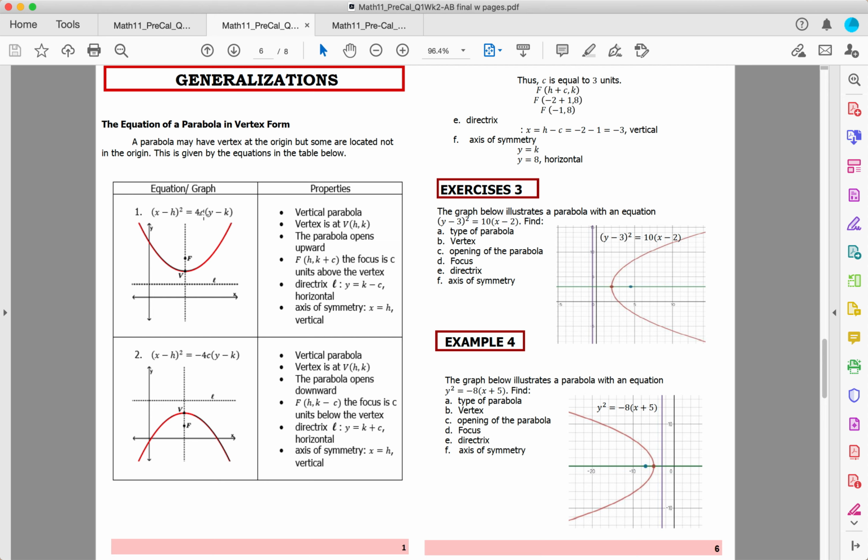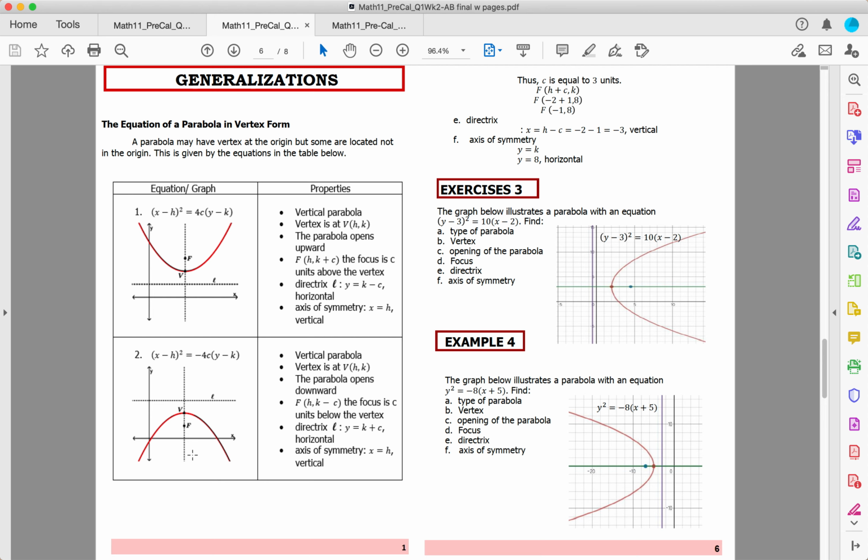It's not just 4cy, but it's 4c times the quantity (y minus k). Why is that so? What are these values for? These h and k values are the coordinates of your vertex. h is the x coordinate, k is the y coordinate. So putting them together, you get the vertex of the parabola.